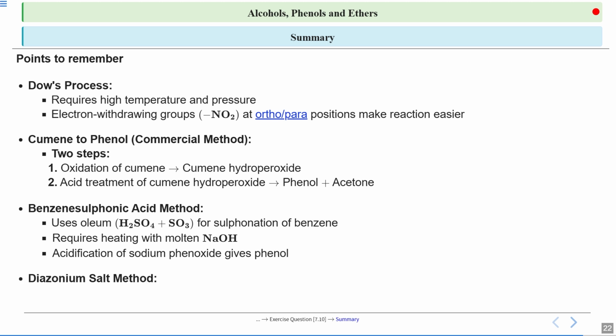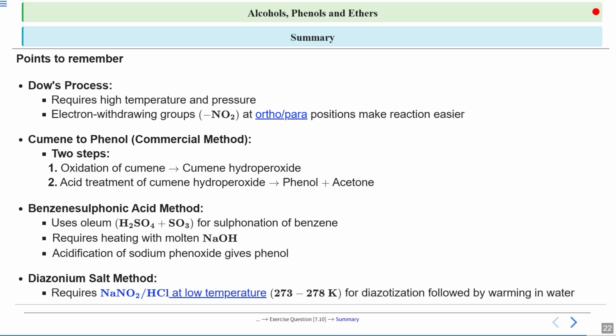We have also seen the diazonium salt method, where we require sodium nitrite in the presence of HCl at low temperature, 273 to 278 Kelvin, like 0 to 5 degrees Celsius, for diazotization. You get a diazonium salt, and then you react it with water and warm it a little, and you will obtain the major product, phenol.